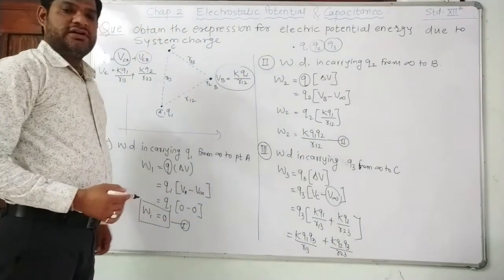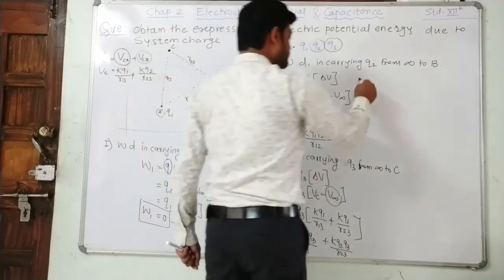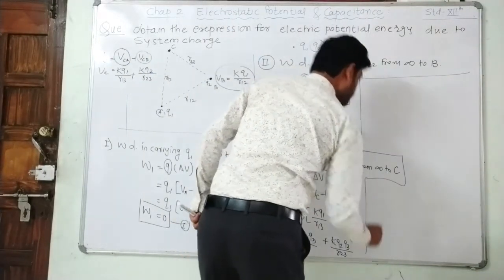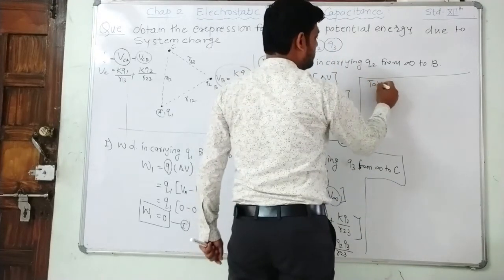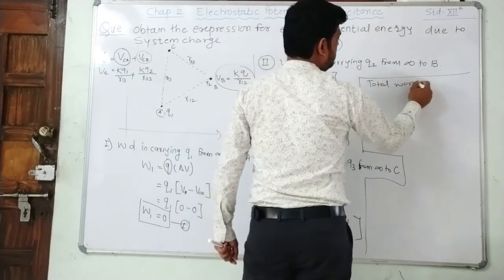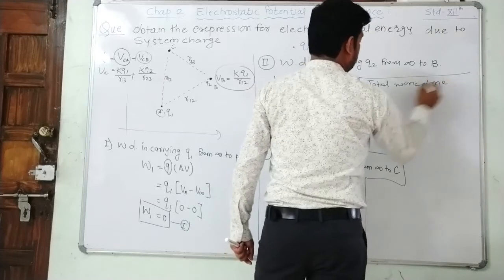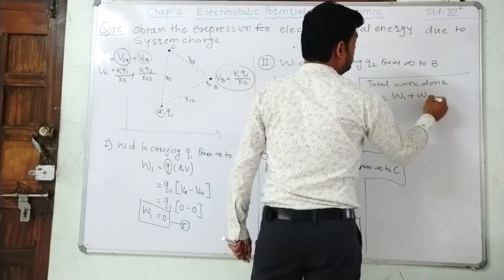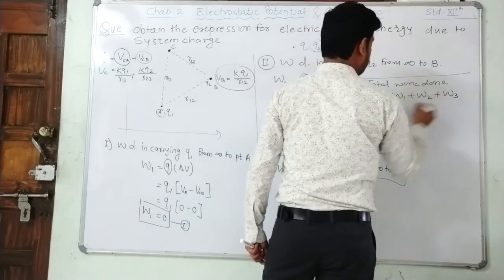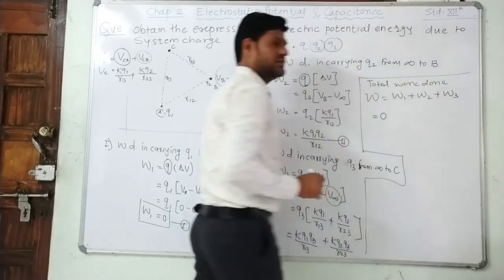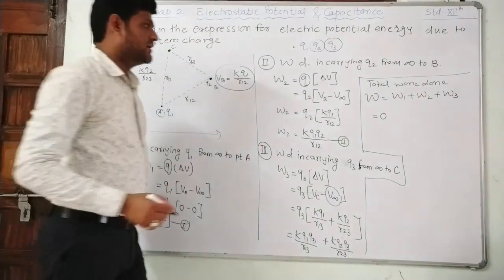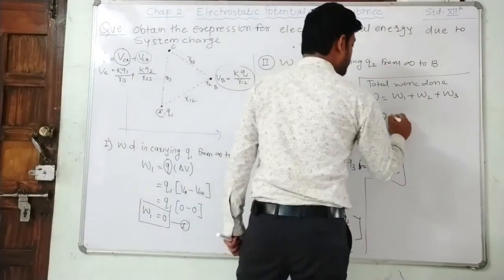For the total work done, what will we do? We add the equations. The total work done W equal to W1 plus W2 plus W3. W1 is 0. What is W2?